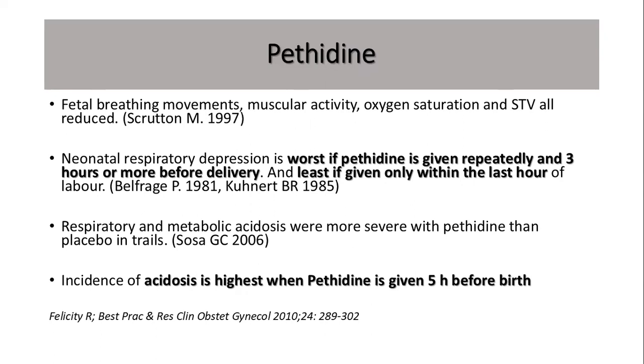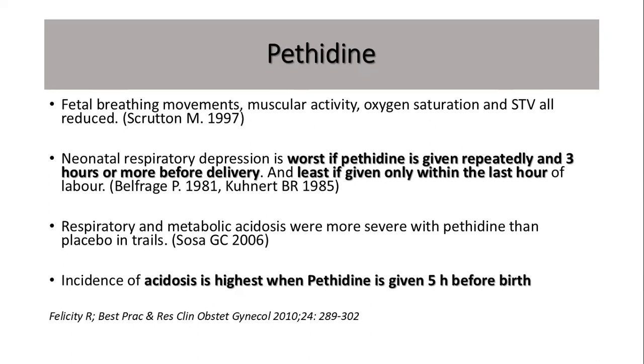Even though the popular belief is that pethidine given in the last hour of labor will cause neonatal depression, research shows that the worst happens if pethidine is given repeatedly and given 3 hours or more before delivery. And you have the least respiratory depression when pethidine is given only within the last hour. So this sort of goes against conventional wisdom, but that is what the research says. That is what is quoted in research articles.